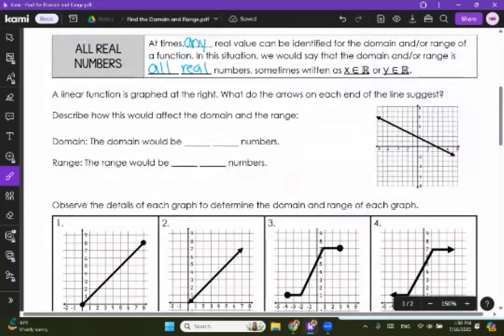Okay, so a linear function is graphed on the right. What do the arrows at each end of the line suggest? Arrows at each end of the line suggest that the line continues indefinitely in both directions.